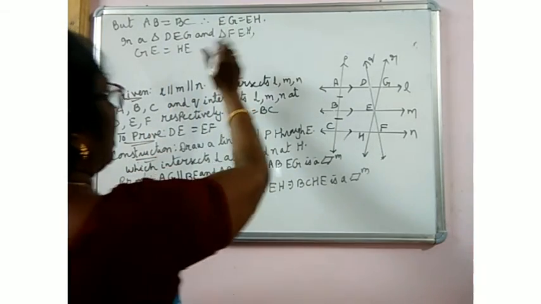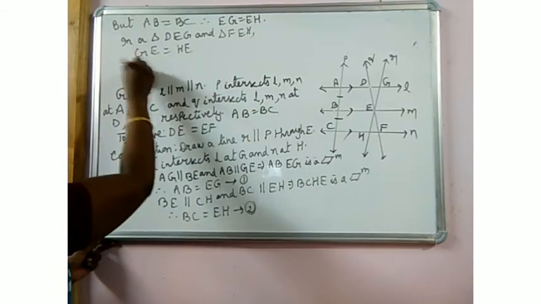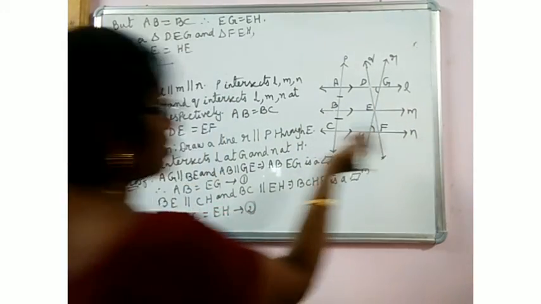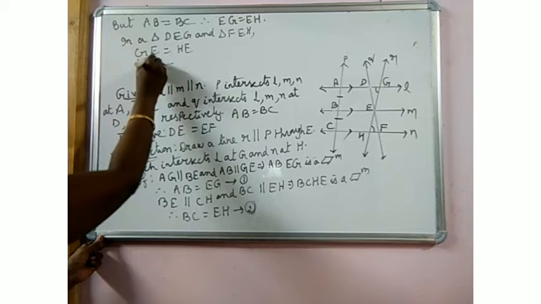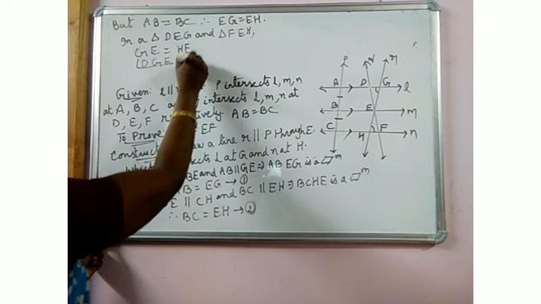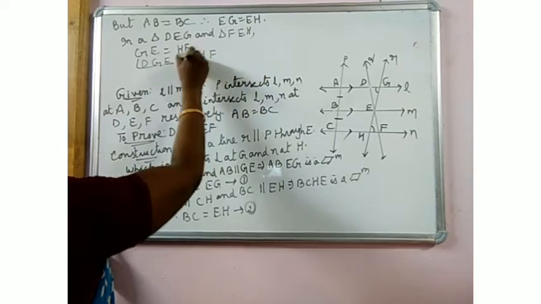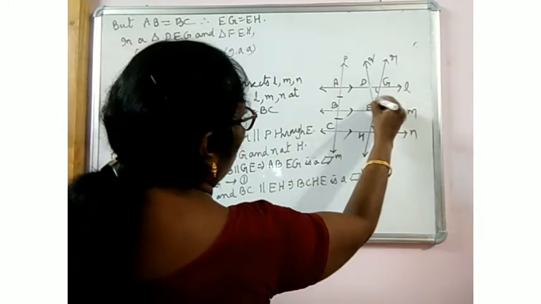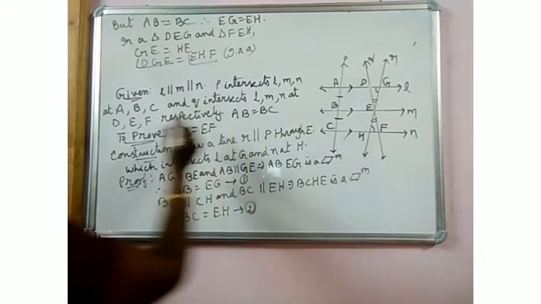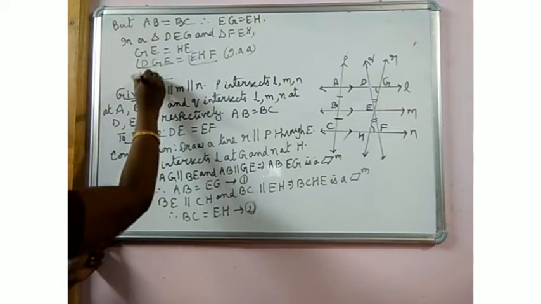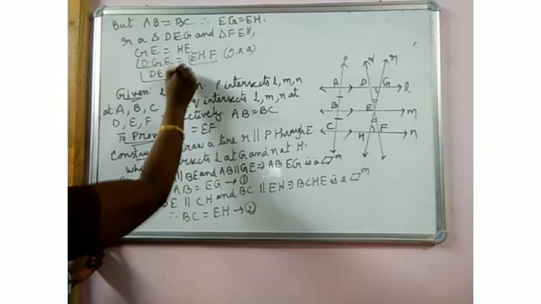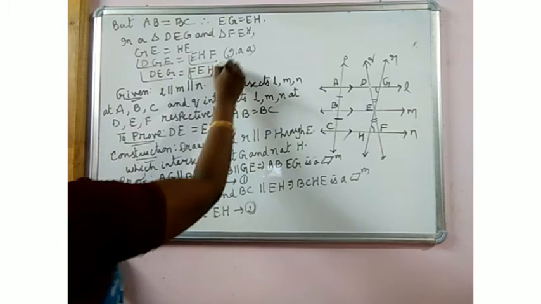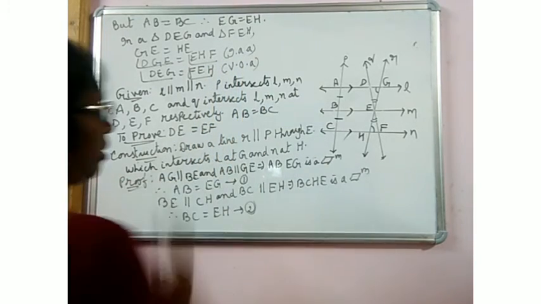And these two lines are parallel, so angle DZE is equal to angle EHF because they are alternate interior angles. Also, angle DEZ is equal to angle FEH because they are vertically opposite angles.